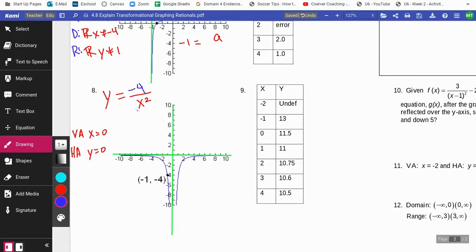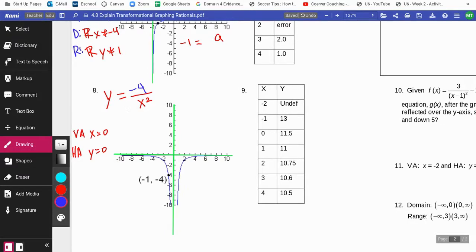If I were doing this algebraically, remember, I can substitute that value. -4 is equal to the a value over -1 squared. And then technically, -1 squared is 1, and a divided by 1 is just a, so a is -4. So that's algebraically, right?